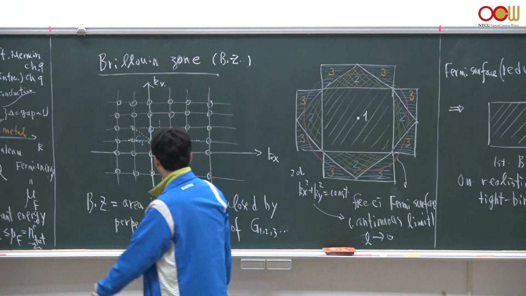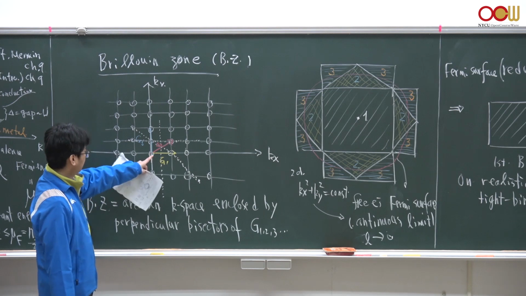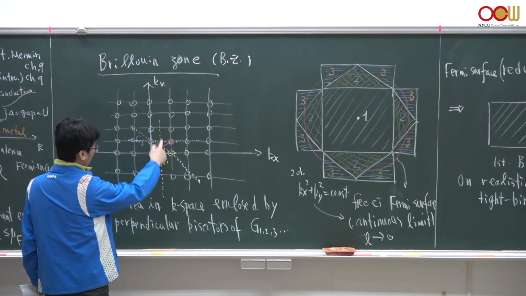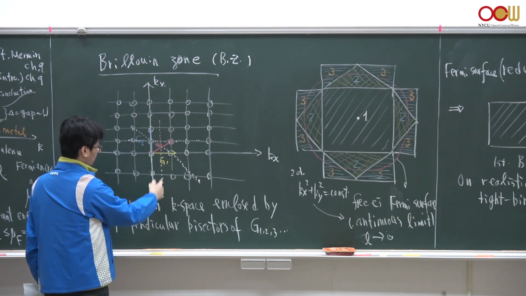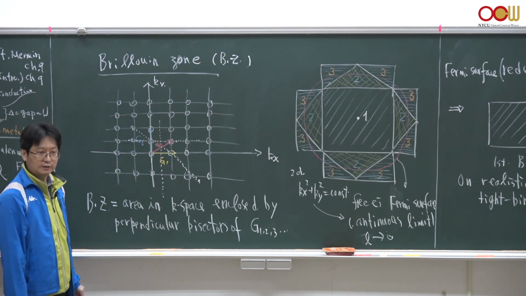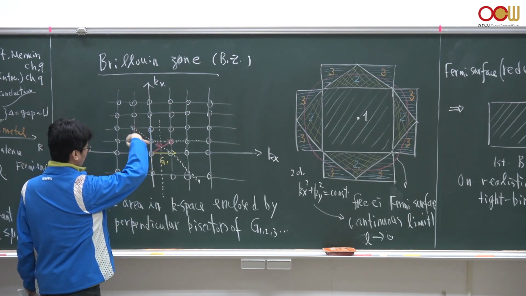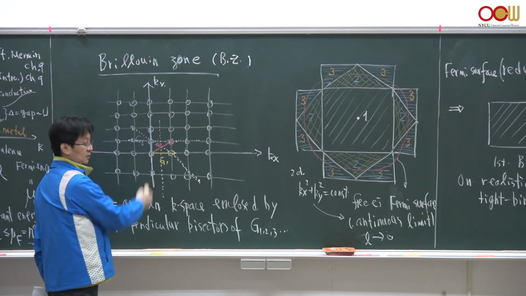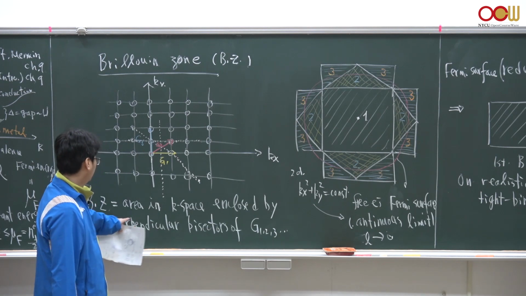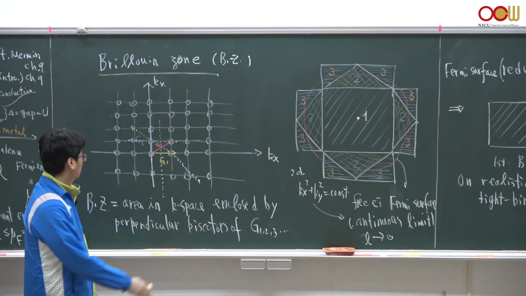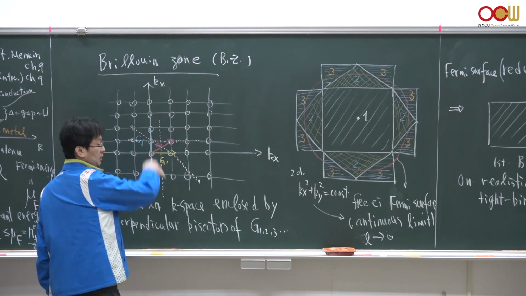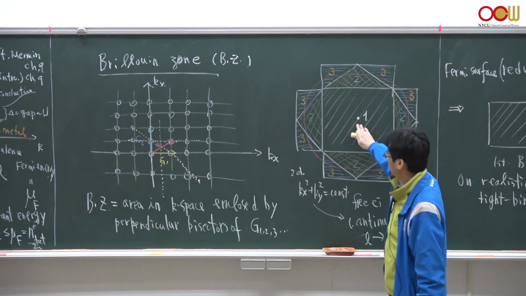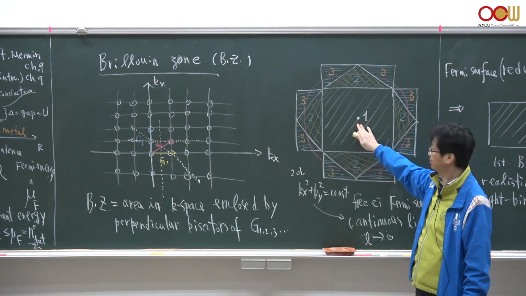So, for example, the first Bloch zone is formed by connecting all these dashed lines which cut G1 by half. You connect all the different dashed lines, which are the perpendicular bisectors of G1 along these four different directions, and therefore the first Bloch zone is perfectly a square.